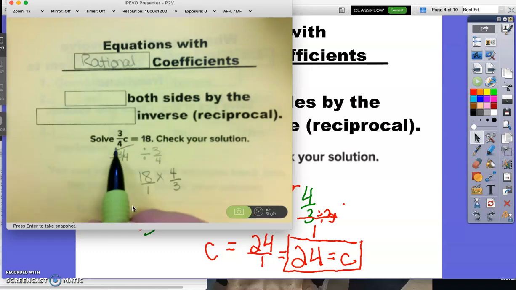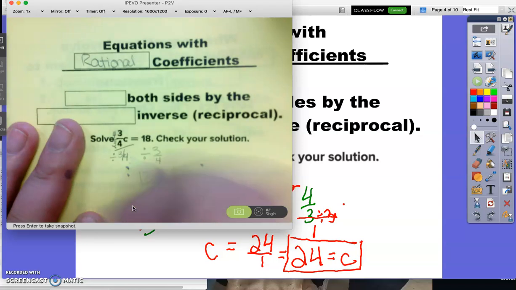Didn't I say when I have a fraction as a coefficient, I can multiply by its reciprocal? So you can either multiply by the reciprocal or divide by 3/4. But when you're dividing by a fraction, you're flipping the second and multiplying. You're doing the same thing, whichever is easiest for you. There's two ways.